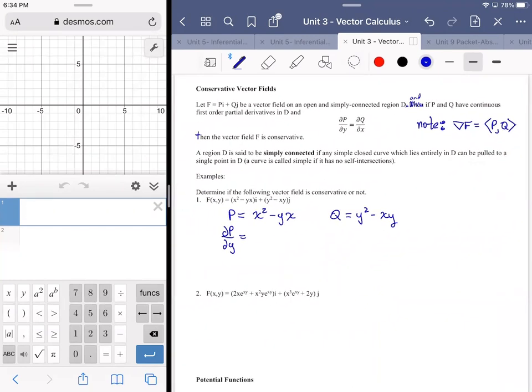Looking back at the concept of the gradient of F, based on what we know, we would denote that as partial F with respect to x, partial F with respect to y. So this is indirectly saying that P is the first order partial with respect to x of the original function F, which is defined as a vector equation.